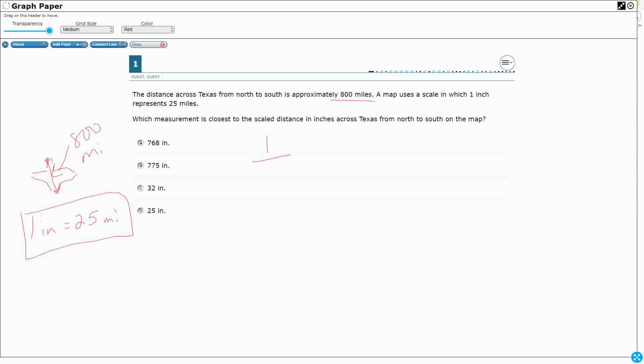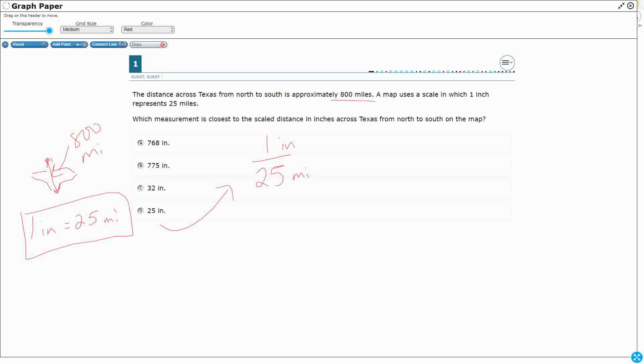If I just did 1 to 25, it's easy for me to mess this up. So whenever you're doing any type of proportion, remember to always label it with units, because that's going to be key. So 1 inch equals 25 miles. So I'm going to set it up as 1 inch over 25 miles. That's the connection I can make here.